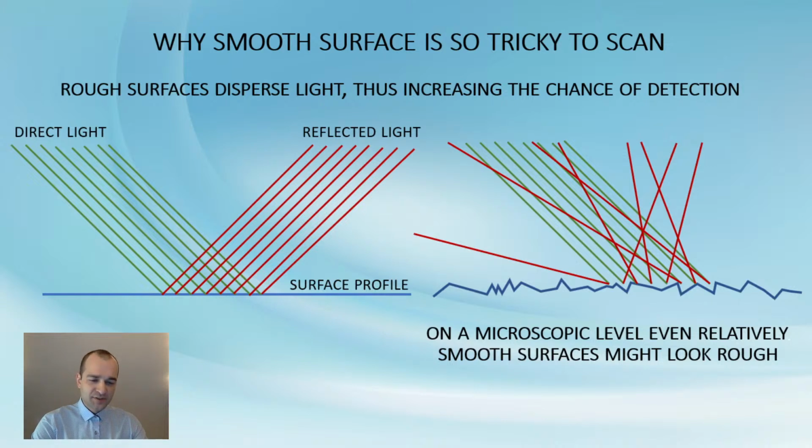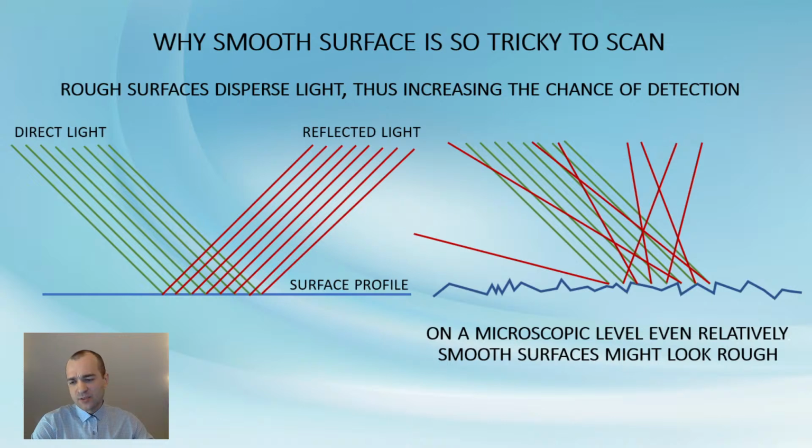On the matte surfaces, which I depicted here on the right, you can see that we have those nooks and crevices on the surface which disperse the light, which makes it statistically more likely that parts of this light will be reflected back to the scanner. And in the left case, when the surface is too smooth and too shiny, the light is just reflected away with the same angle it falls on the surface.